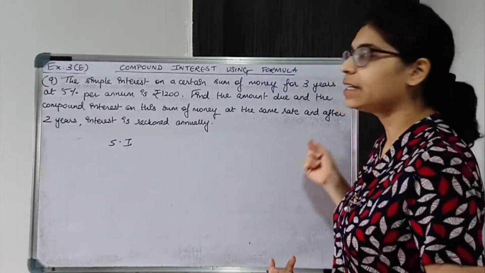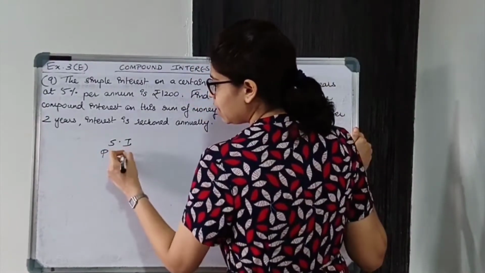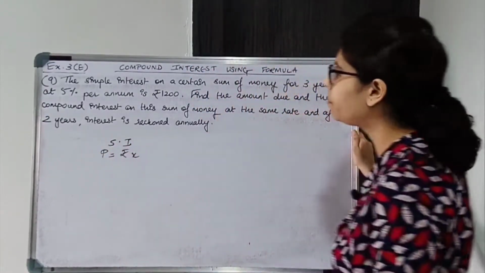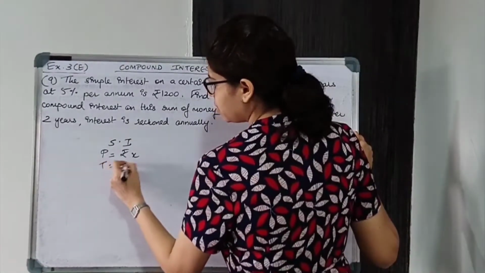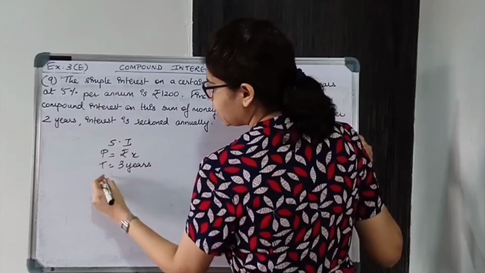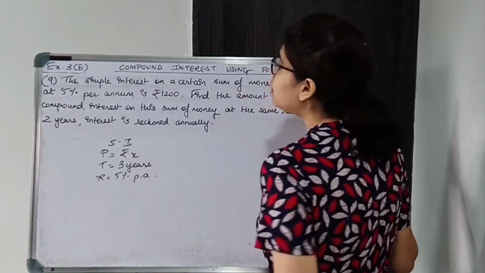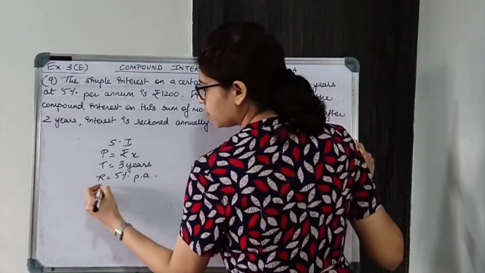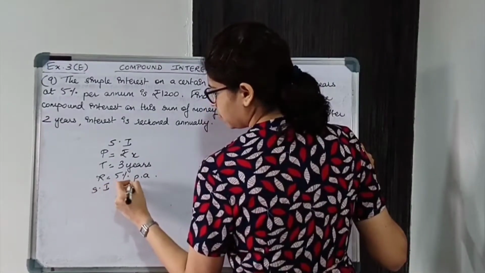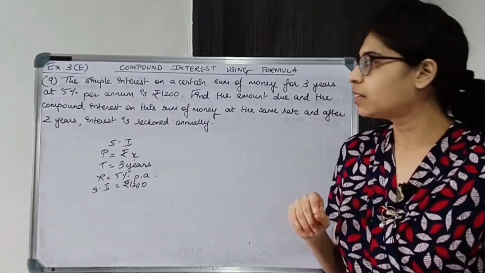Let's say it is X rupees, for 3 years, so time period is 3 years, at 5% per annum, so R is 5% per annum, is rupees 1200. So simple interest is also given, but we don't know principal, okay?